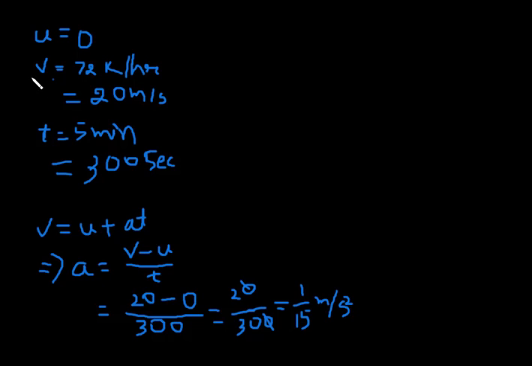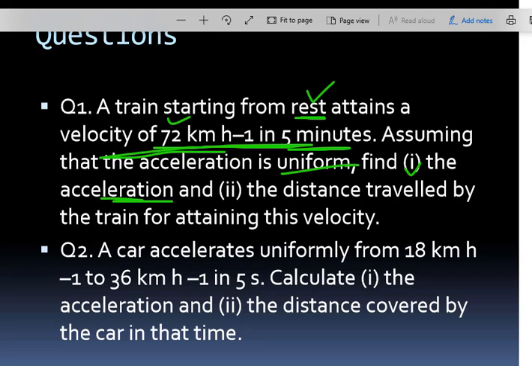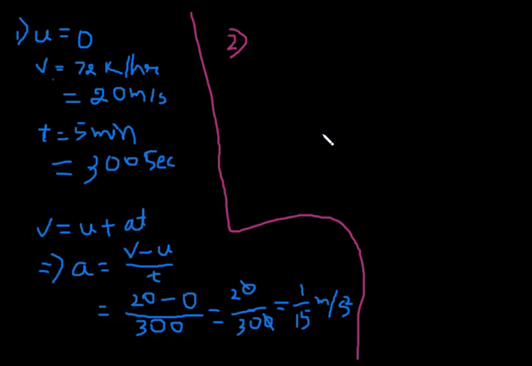Okay. Now here the first part of the question is over. Now we'll come to the second. Here in the second part, the distance traveled by the train for attaining this velocity, you need to find out this distance. So you know that s is equal to ut plus 1 by 2 at square.